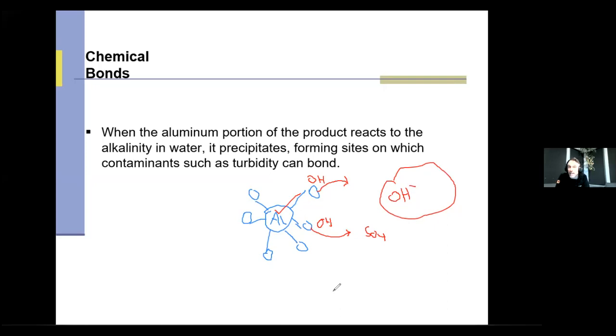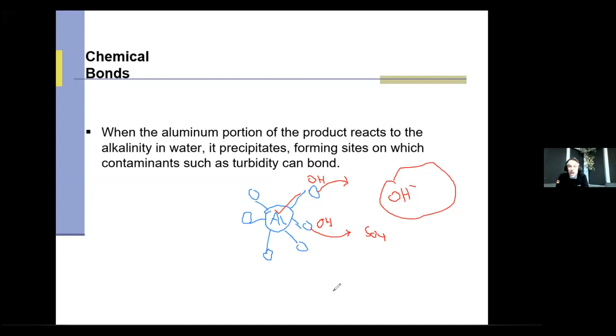A big mistake operators make is, I have colored water, and it's really colorful. I add coagulant, and it's not getting all the color out. What do you do? You pour more coagulant in, and it's still not working. Chances are you ran out of alkalinity.